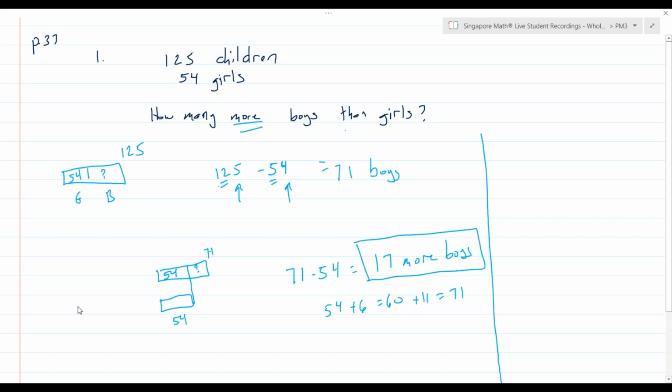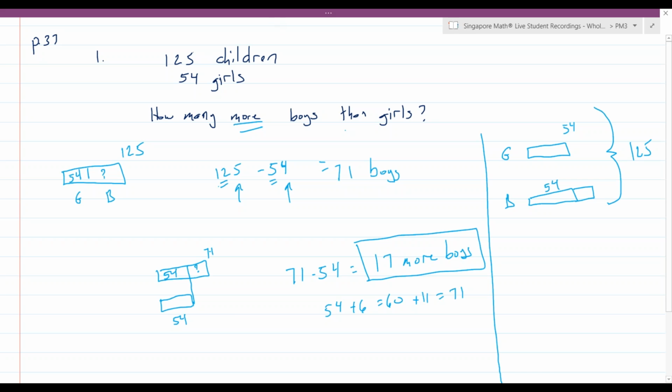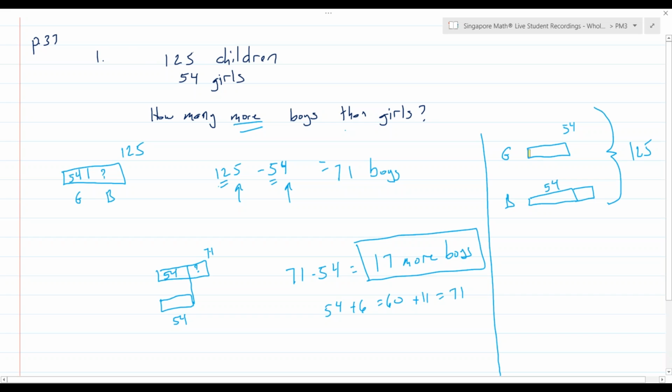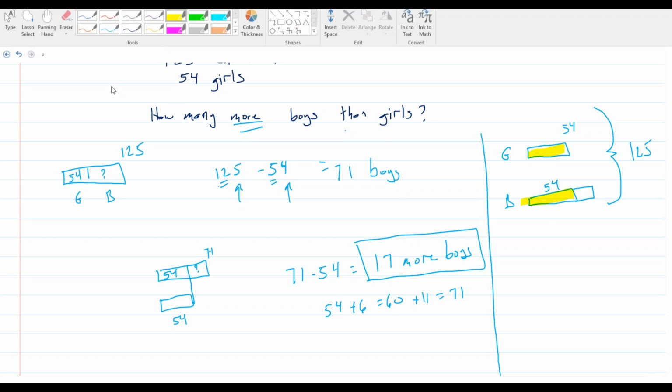What if we said this? Here are the girls. There are 54 of them. Here are the boys. There are 54 of them, and then some more. Altogether, I have 125. I can tell by looking at my picture that these two together are going to be 108.